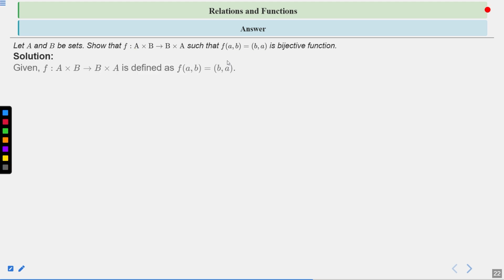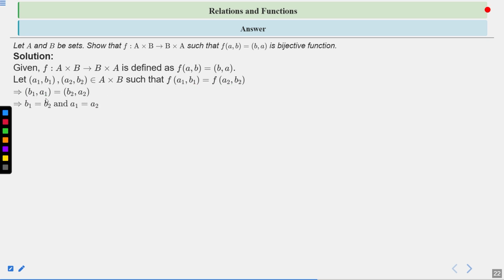Solution. Given the function defined as f(a, b) equals (b, a), let two elements from the domain set, (a1, b1) and (a2, b2), belong to A cross B. Setting f(a1, b1) equals f(a2, b2), by the definition of the function this is nothing but (b1, a1) and this is nothing but (b2, a2).